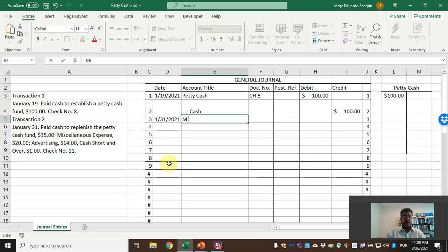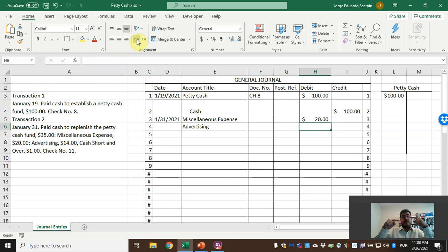First of all, we pay miscellaneous expense, a debit, 20. Advertising, and here, guys, we usually work with journal entries with one debit and one credit. Now we will be working with multiple debits and one credit. So the second one, advertising, 14.